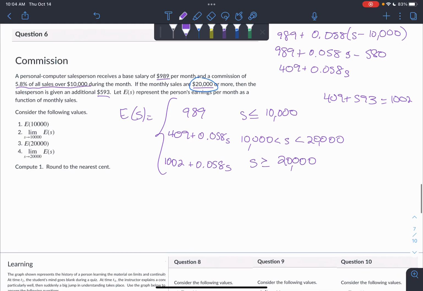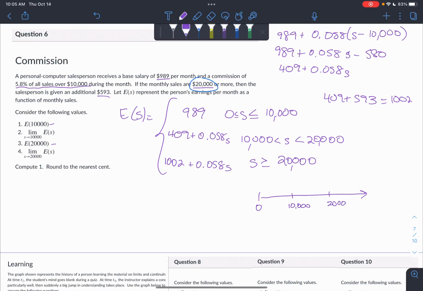All right, for this problem we're looking at a few different parts. We have 10,000 and 20,000. So if you like the line approach, they could also do sales of 0, but probably not a big thing for us.